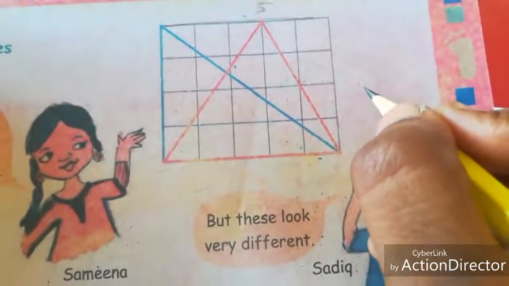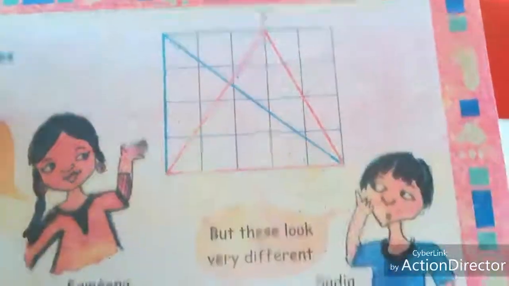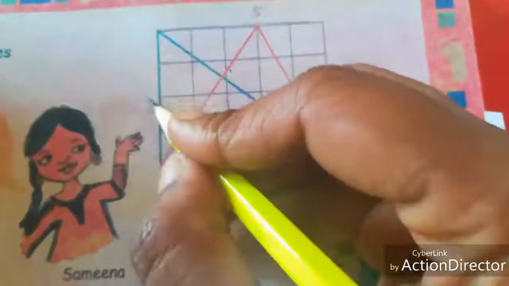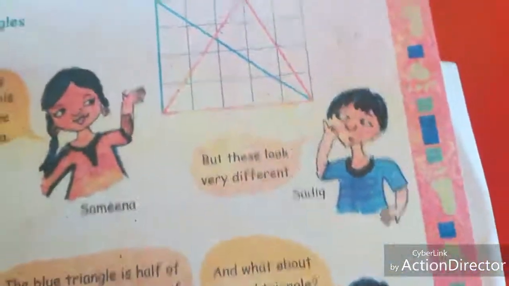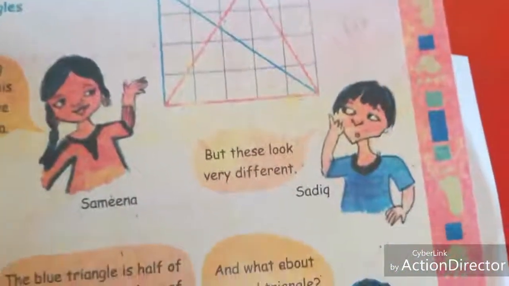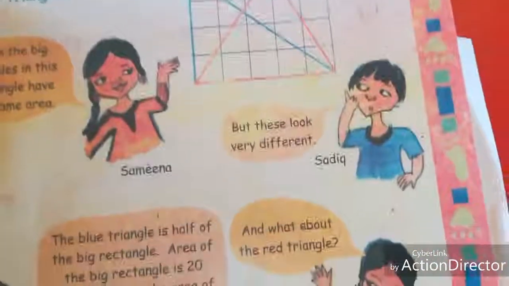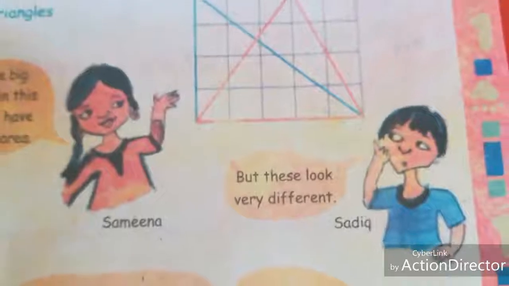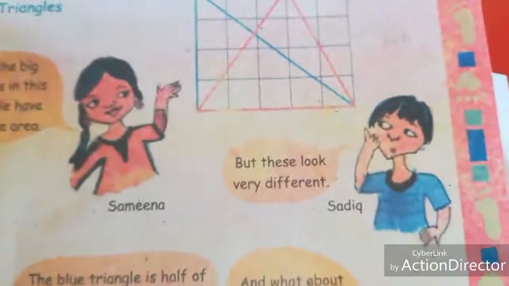What is the rectangle formula? Area of rectangle is L into B. So 5 into 4, totally 20 centimeter square or 20 square centimeter. So the area of the big rectangle is 20 square centimeter.